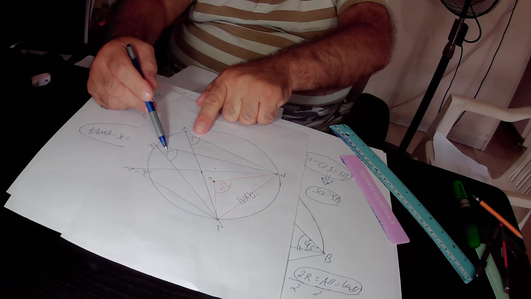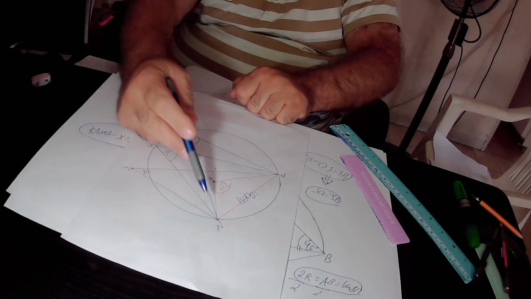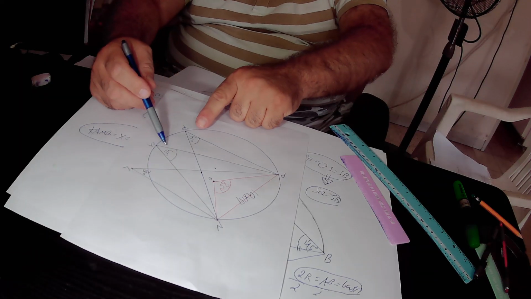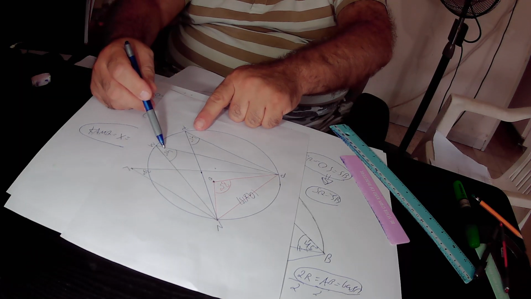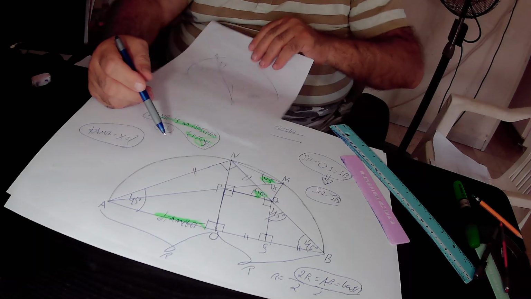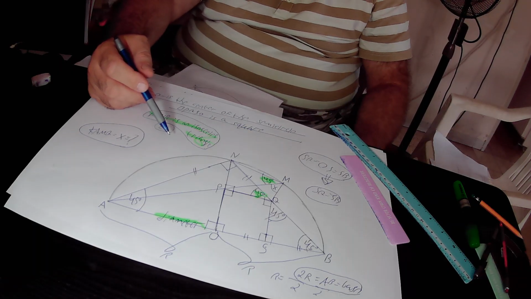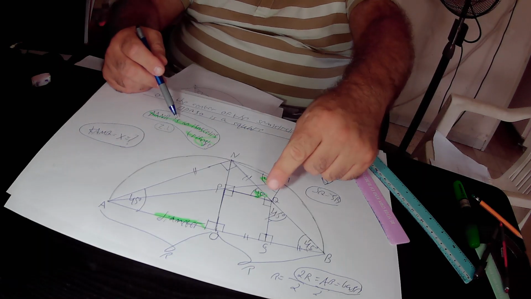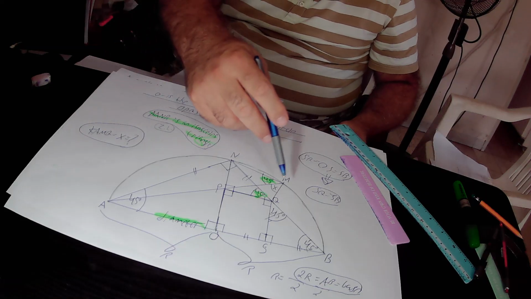Those two peripheral angles subtend the same chord PN, and therefore they are equal to each other in their sizes. Each of them is equal to 45 degrees, and therefore we can block those two angles inside a circle.